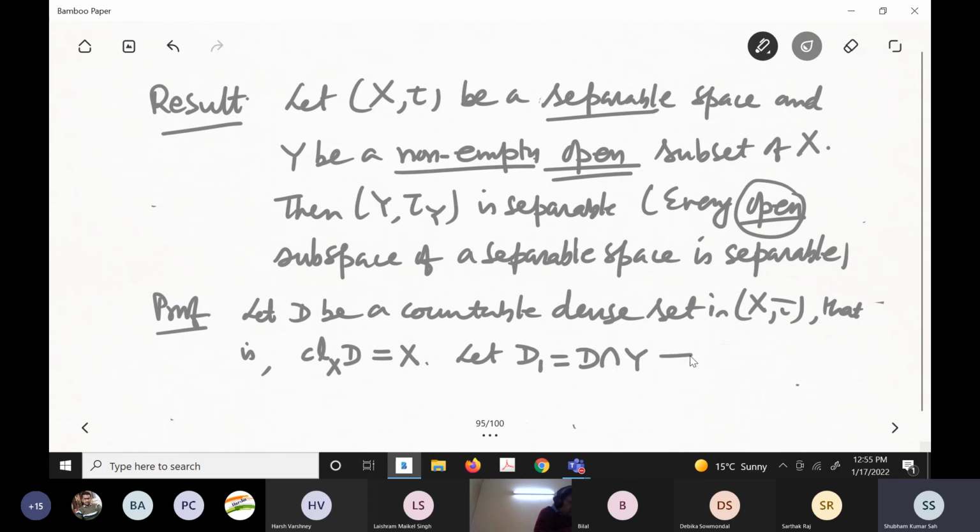So this is not equal to empty set. I told you last time, a set is dense if and only if every non-empty open set intersects that set. Since Y is open in X. Okay. Now since D is countable, D1 is countable.